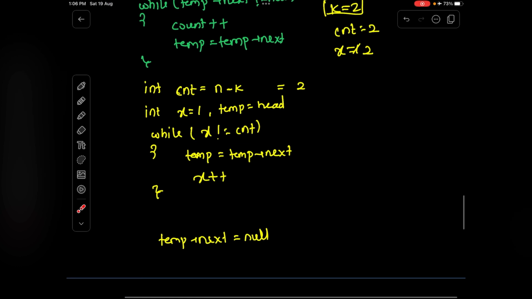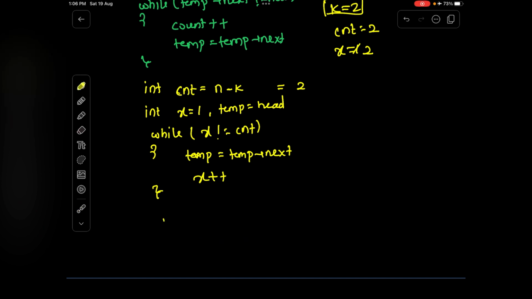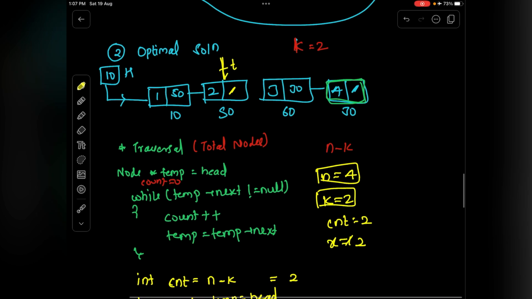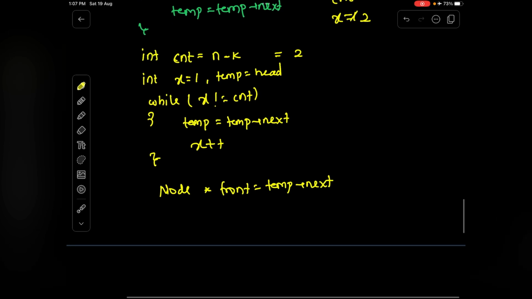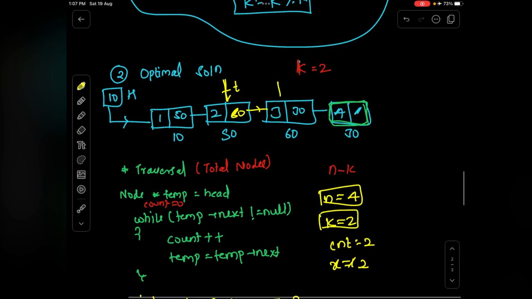So what I will do is, I will declare one extra pointer, for example called front, and I will assign it as temp of next, which means it was having 60 and it was assigned to this. So temp of next is equal to 60. So this front will be containing 60, which means my front is pointing at this location.